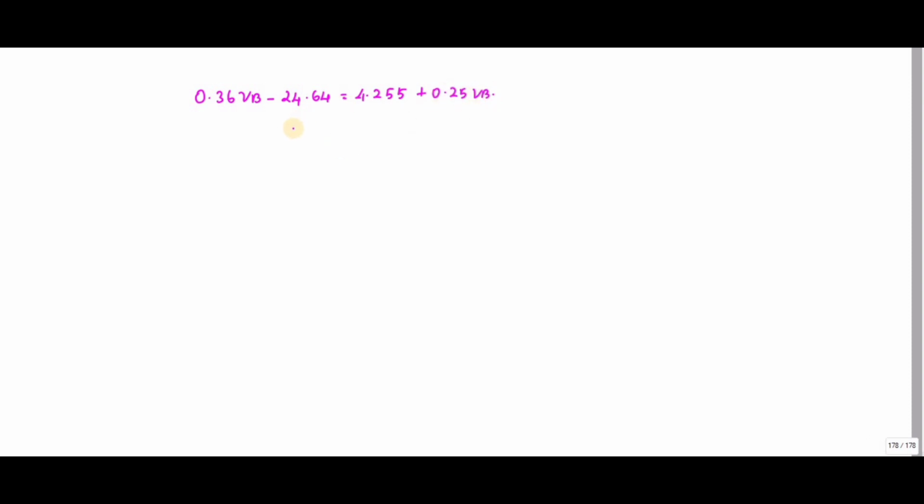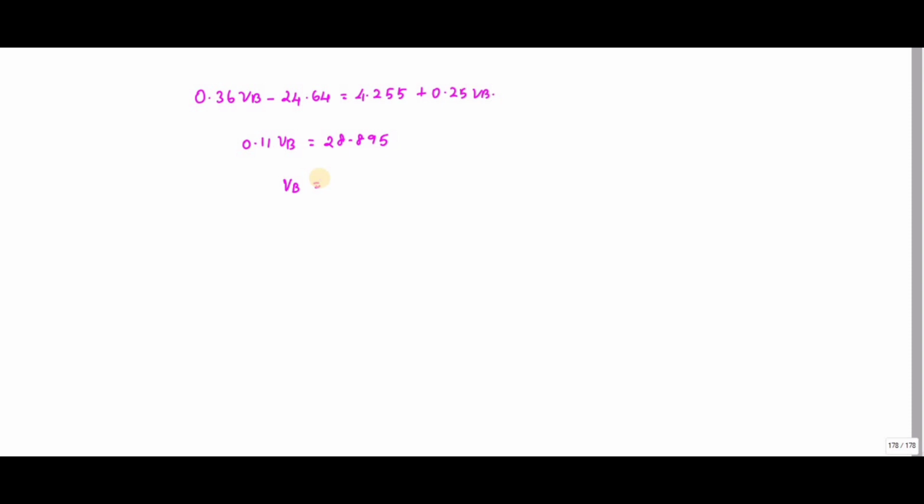If I subtract, I will get 0.11 VB is equal to 4.255 plus 24.64, which is 28.893. So what is VB?